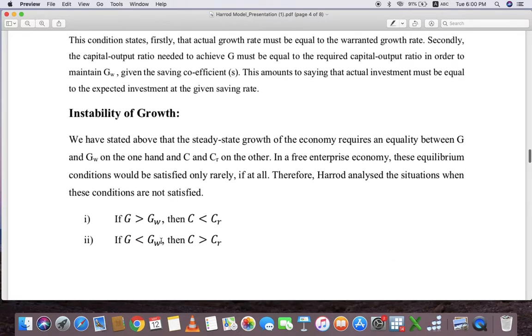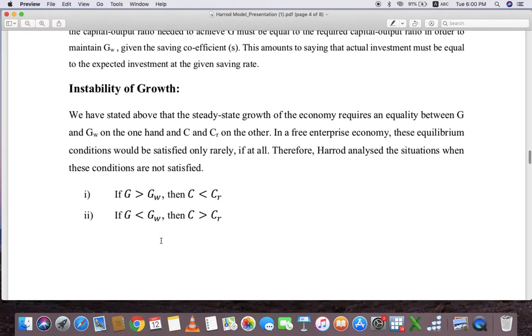Now, after achieving the steady growth rate, the question arises how it can be maintained. So, the question of instability of growth arises. We have already stated that equality between G and GW and C and CR, these two things are required in order to get the steady state growth. Now, if the economy is a free market economy, then these conditions will be satisfied only rarely.